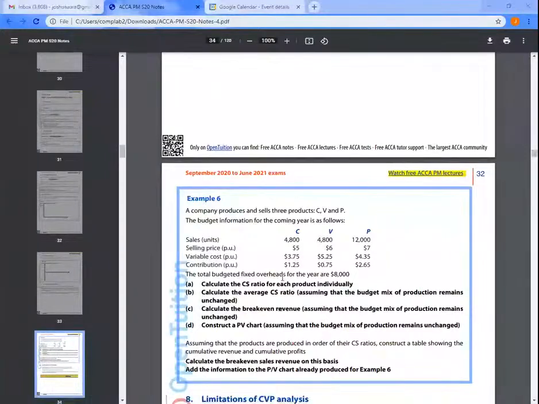I can see the price of C is 5, the price of V is 6, the price of P is 7. And then the weights will remain the same.